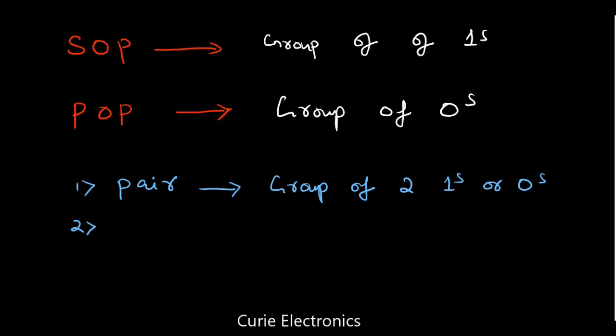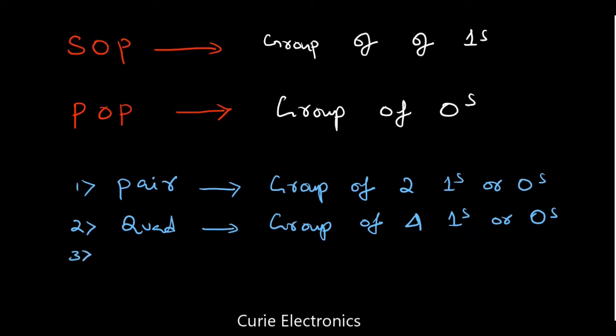Then the quad is a group of four ones. Ones, if you are doing SOP; if you are doing POS, it is zeros.